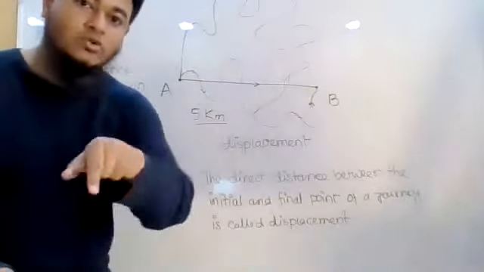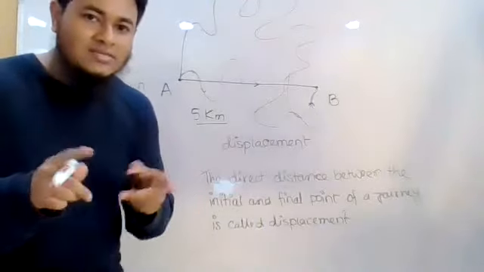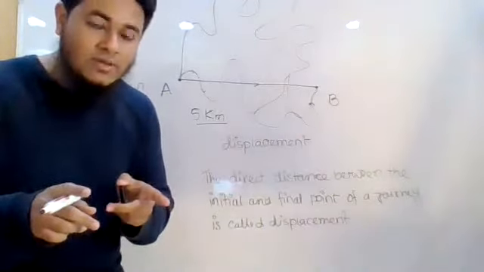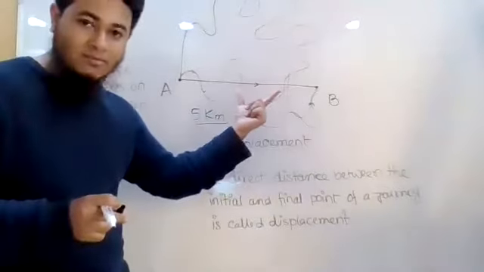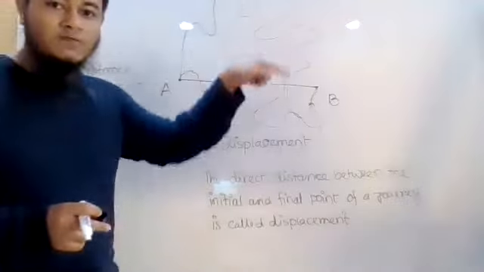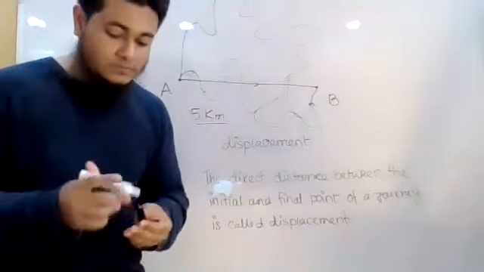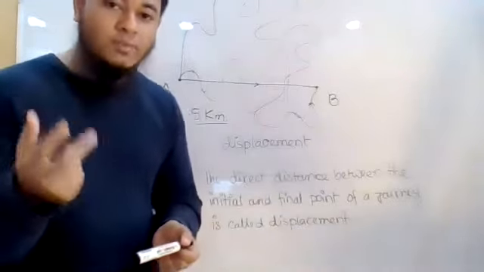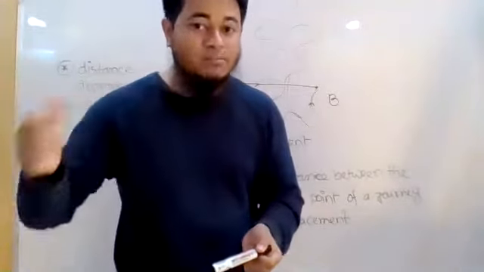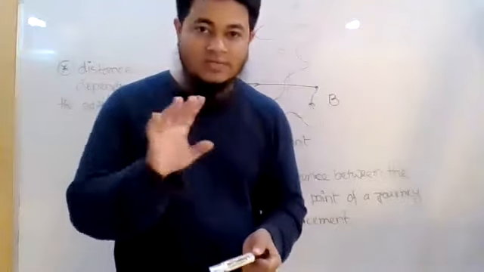His displacement is also 5 kilometers. What is the difference between them? The distance covered. The first person covered a lesser amount of distance. The second person covered more distance. So that is why a 2-mark question will come: explain that distance is path dependent, but displacement isn't.